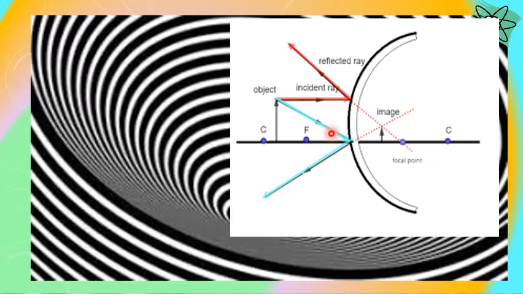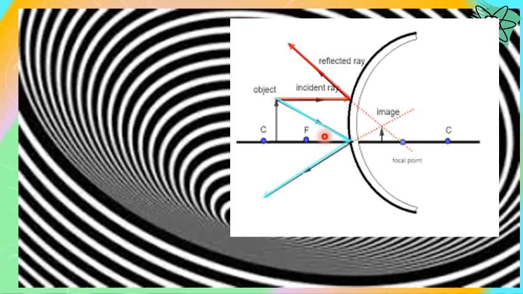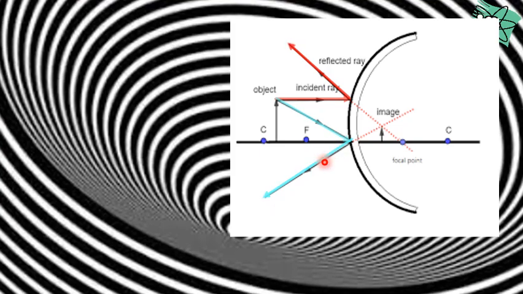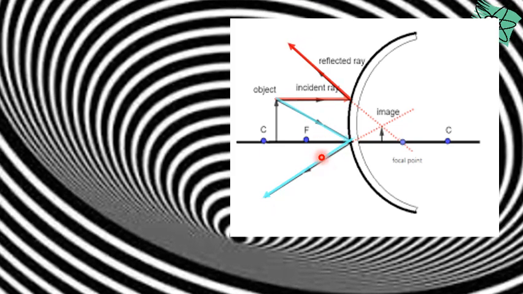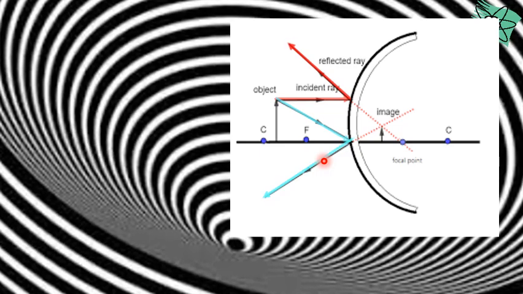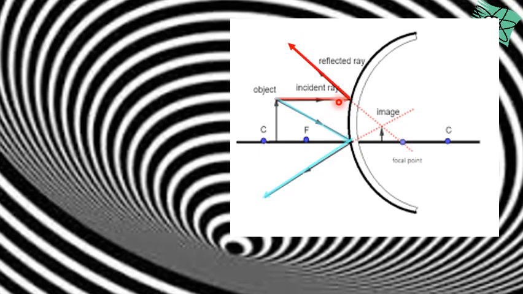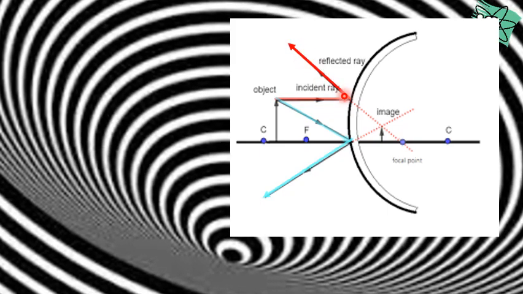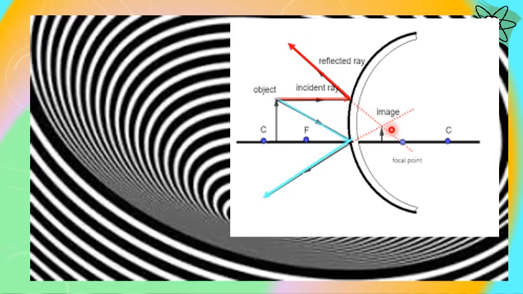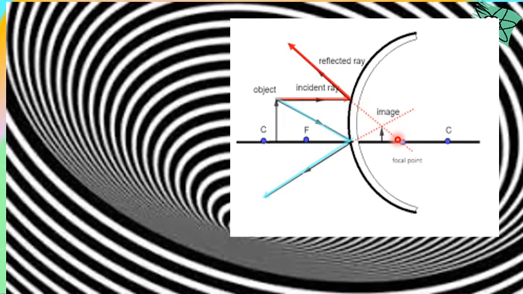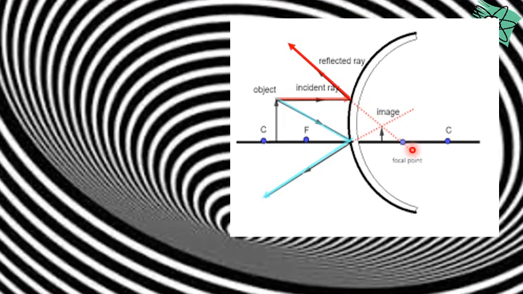The incident ray forms an angle of incidence, while the reflected ray forms an angle of reflection. And these two angles must be equal. Now, if the reflected ray number one is extended backward, it must pass through the virtual focus.